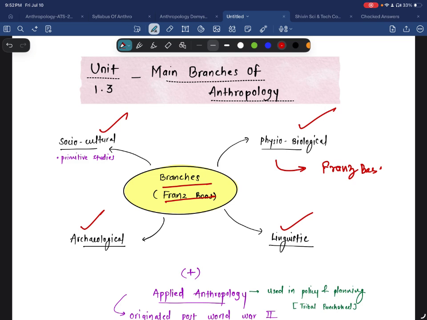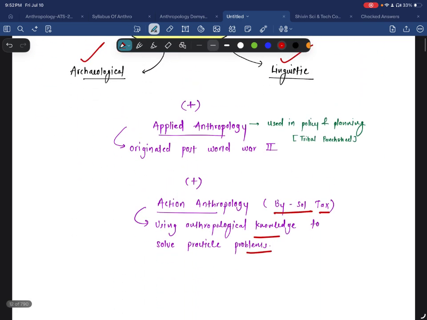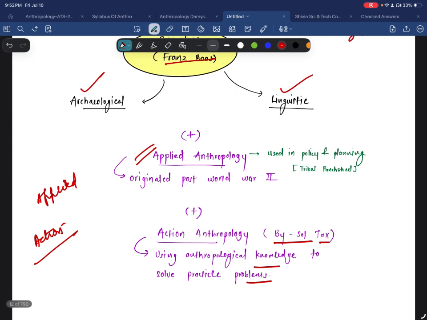So first we will look at socio-cultural, but before that I will tell you a small concept of applied anthropology and action anthropology. Let us see with an example what the difference is. So when I look at applied anthropology, it is simply like when I'm making any sort of policy or planning. I have not implemented it on the ground, it is just on the papers.